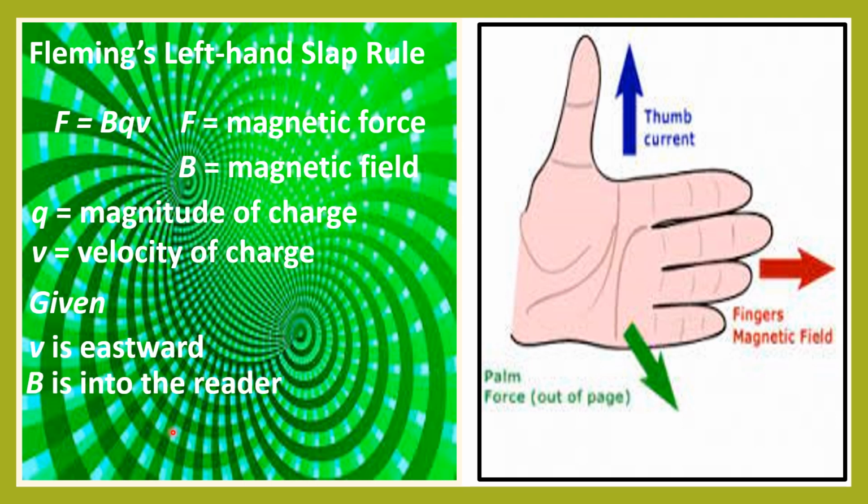Now, for the external magnetic field, capital B, which is represented by your other four fingers extended, it says here that the direction of the magnetic field is into the reader.